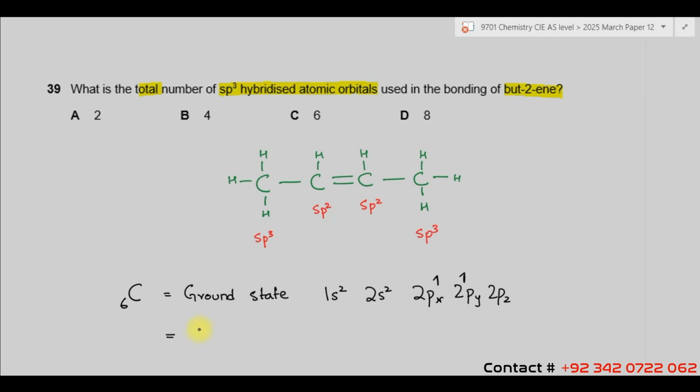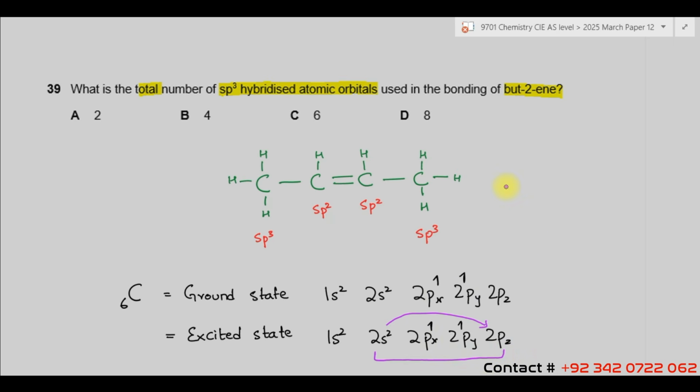So this is possible by hybridization. In hybridization, carbon atoms goes from ground state to excited state. And in excited state, one electron goes from 2s into 2p. This is possible when all these 4 orbitals mix together.